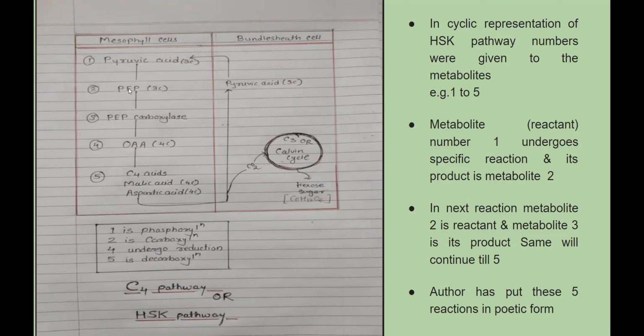Then for PEP, reaction number 2 is again carboxylation. CO2 will enter through stomata and combine with PEP in presence of the enzyme PEP carboxylase, forming oxaloacetic acid. And so on, this cyclic C4 pathway will take place.